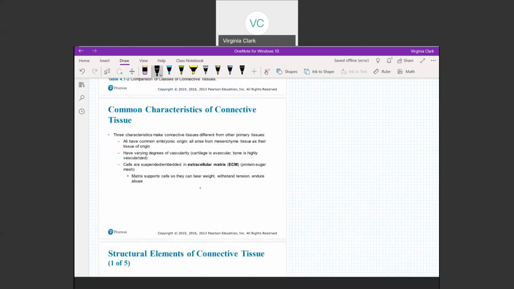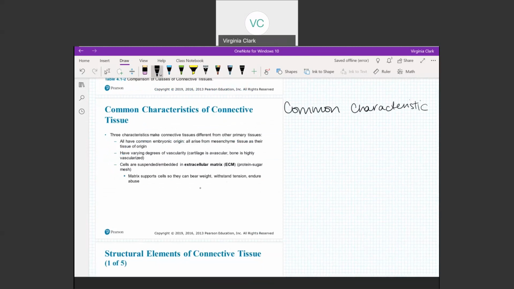What are the common characteristics of connective tissue in order for them all to be put together? Because bone and blood are very, very different. So why are these considered in the same class of tissues? There are 3 main characteristics that make these tissues different from other types of tissues.